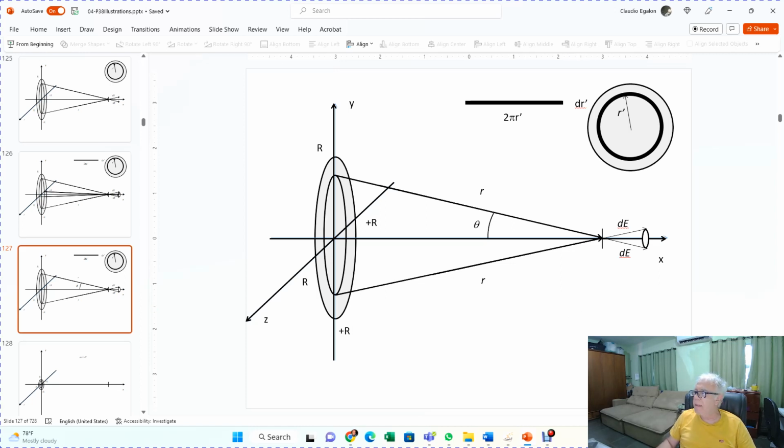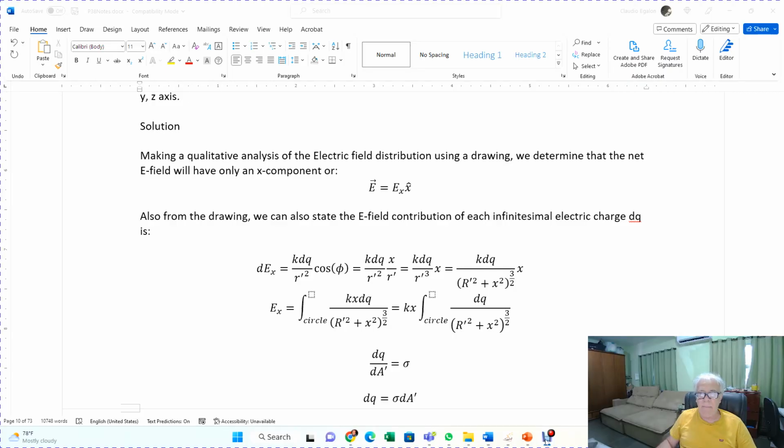So let's see how we solve this problem. That's just the quick qualitative treatment. As we did before, we recognize that the electric field is along only the x direction. And the infinitesimal electric field is going to be that of the ring itself.